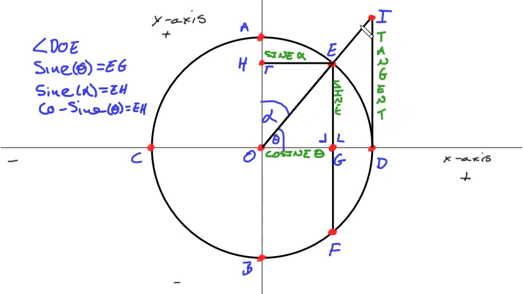And the line OI is called the secant. I don't want to try and write secant in here because it'll get too congested. So I'm just going to say here OI is the secant.